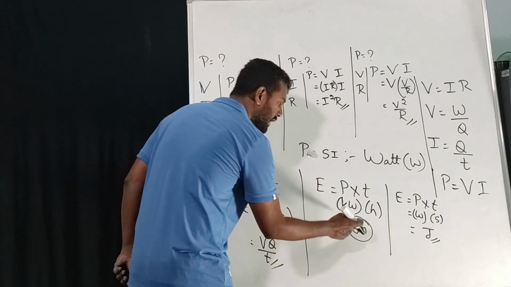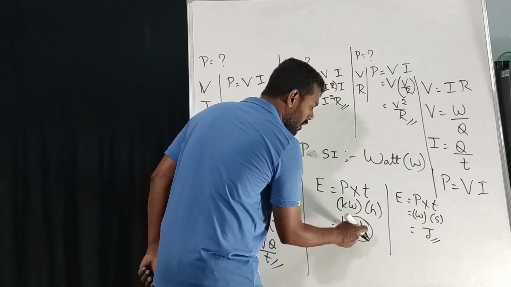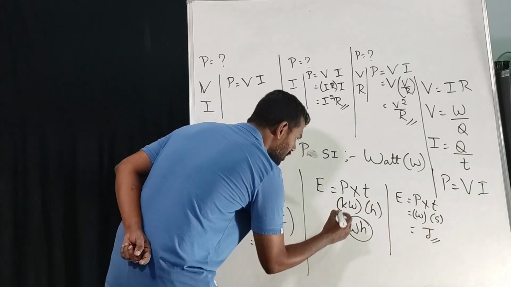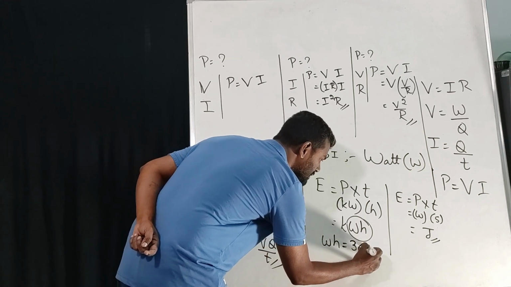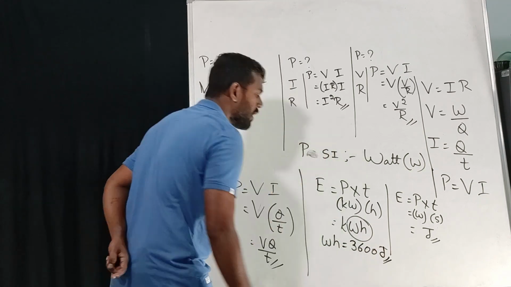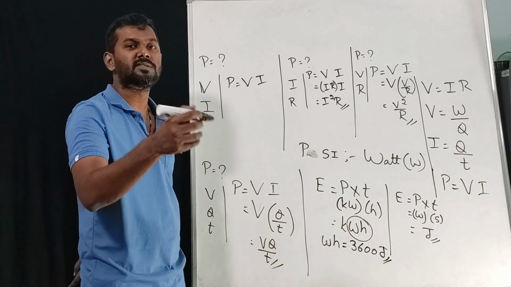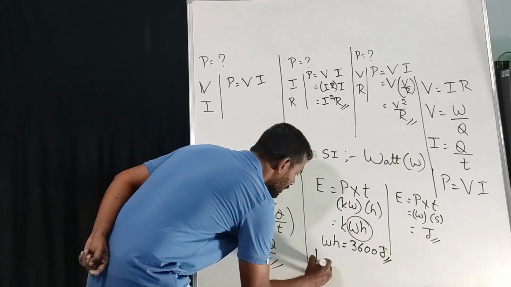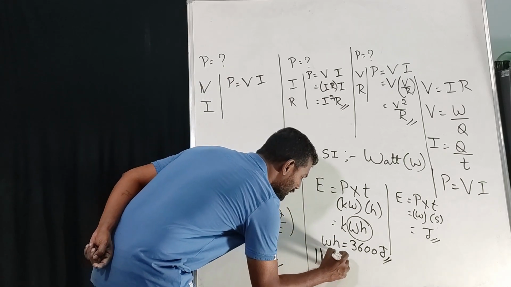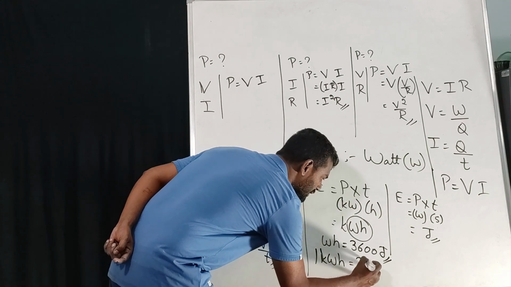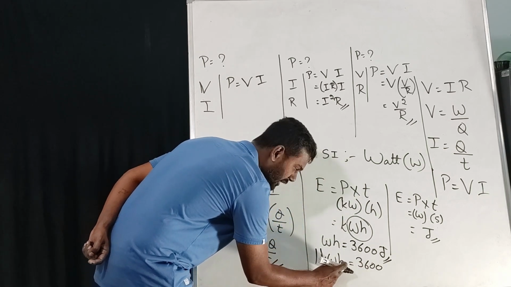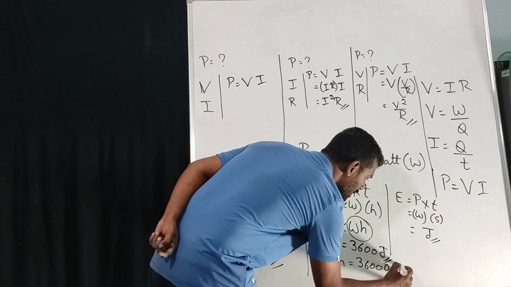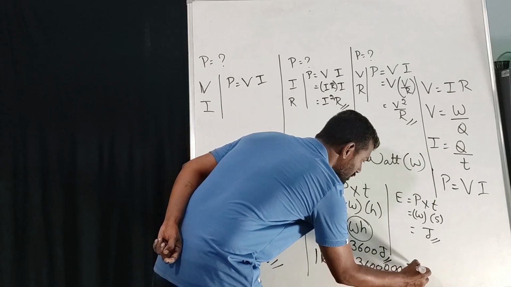Now we got to know energy has two different units, correct? Watt hour and joules. So how are they related? 1 watt hour is equal to 3600 joules. Then 1 kilowatt hour is equal to 3600, multiplied by 1000 for this unit, and again 1000 for joules.